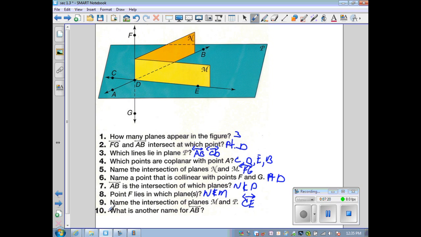What is another name for line AB? Line AB can be named several different ways. The first one I could say is line AD. Line BA or BD. Also, DB could be another name.